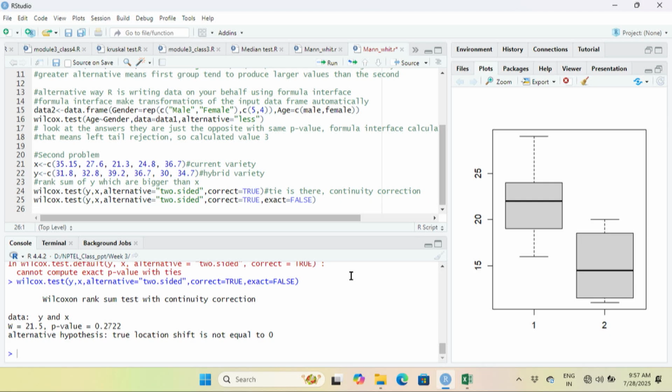Okay. So let's get back to our PPT. Now, in terms of the tie case, as I have already explained to you, you have to make use of that 0.5. Otherwise, your manual calculation will not match with the R calculation, right? That is the number 1 point we have learned in this discussion.